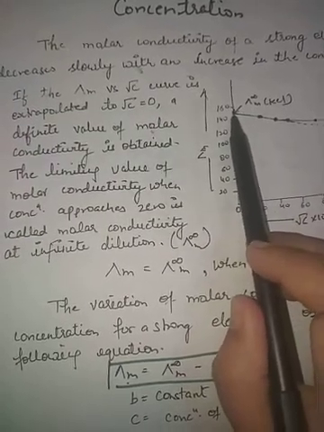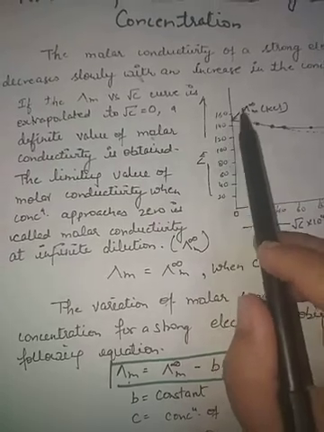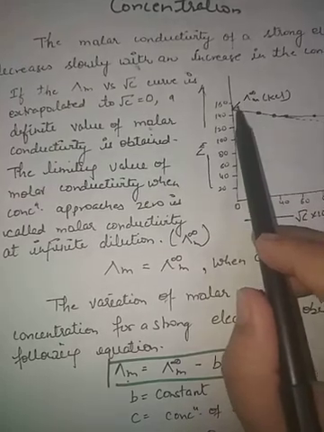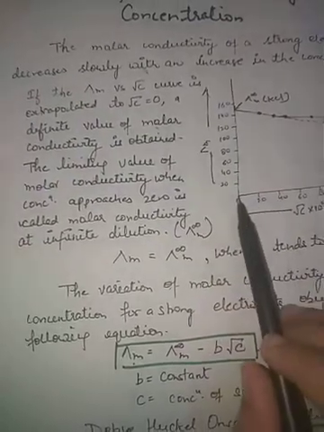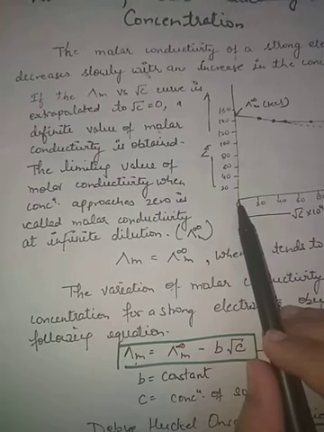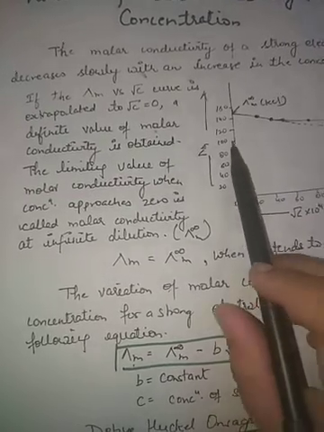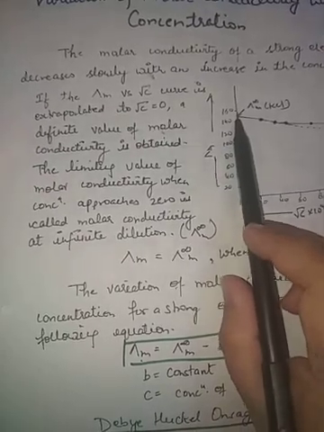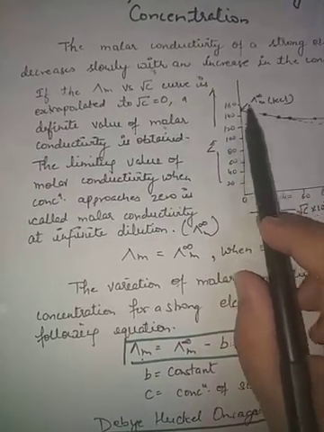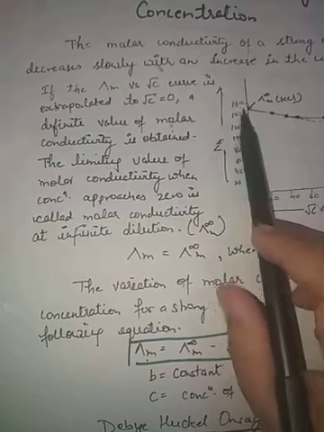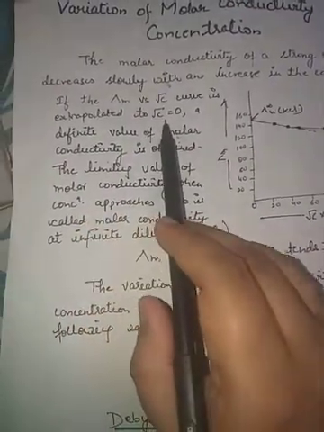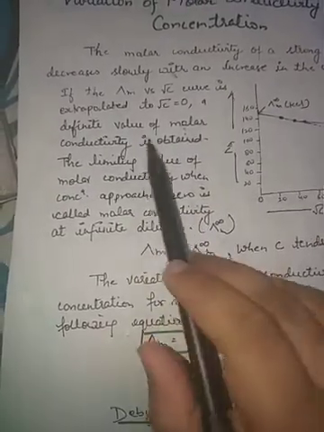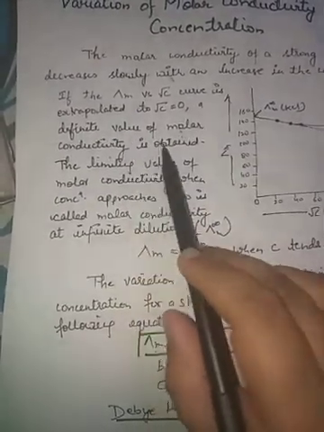This graph from here is extrapolated to this point. It means this molar conductivity at infinite dilution shows that when C tends to 0, this is the maximum conductivity of this solution of KCl. See, if we extrapolate the graph to root C equals 0, a definite value of molar conductivity is obtained.